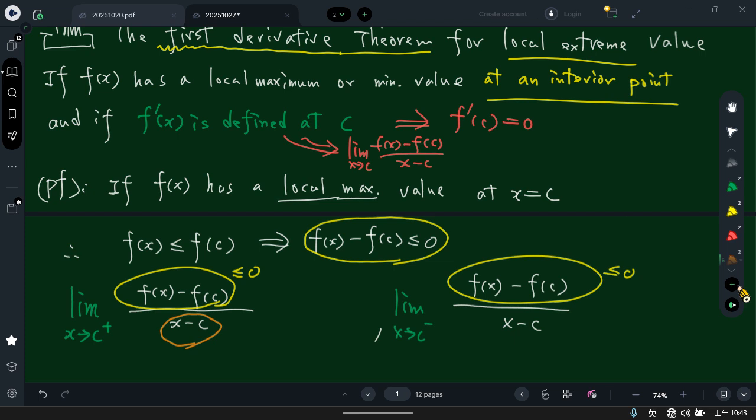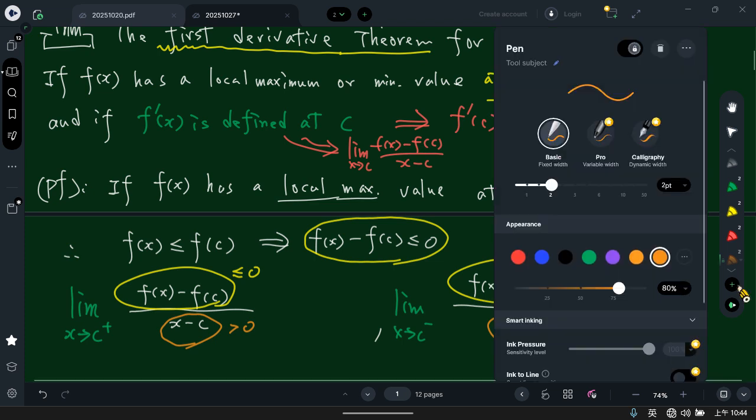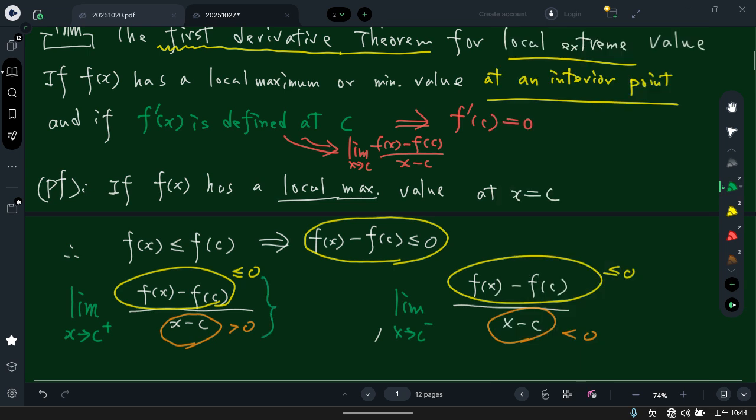Positive, because x is approaching c plus, a little bit more than c. So when we subtract c, it should be positive. So similarly for this part, it should be less than or equal to 0. Based on this one, it should be larger than or equal to 0.